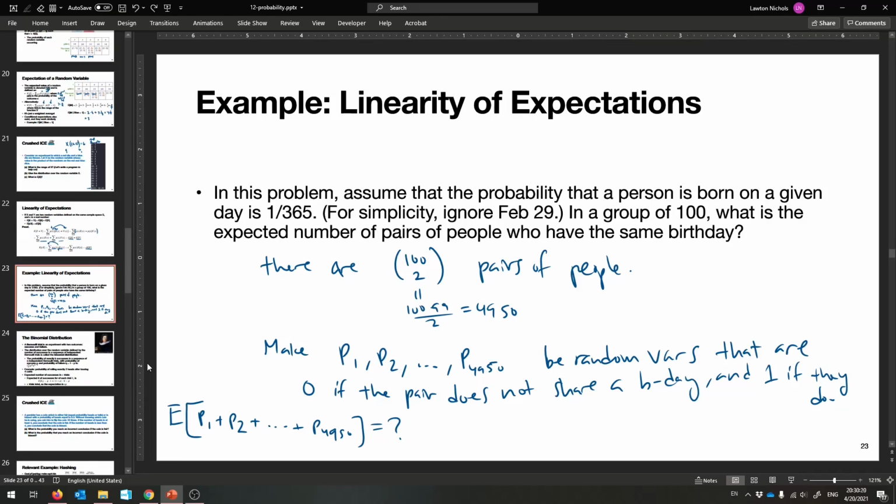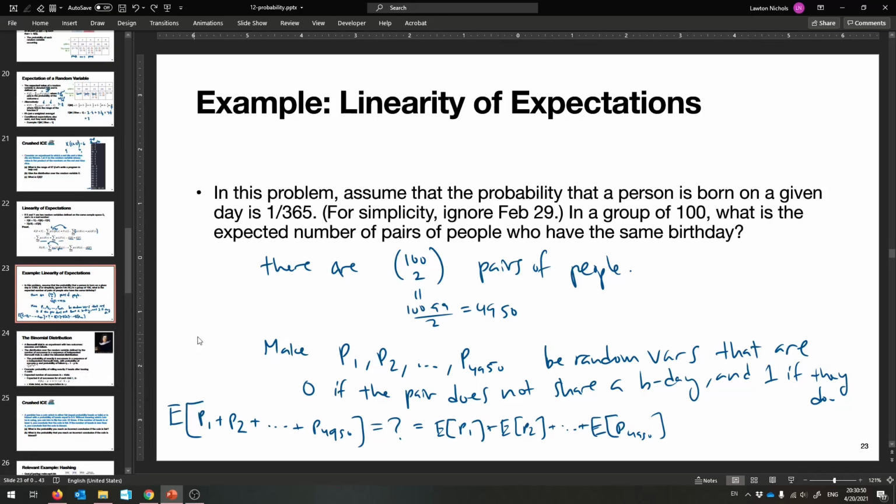And once you've done that, we can use linearity of expectations for this. It's just the expected value of P1 plus expected value of P2, and so on, that an individual pair of people have the same birthday. So now all we have to do is figure out what's the expected value that a given pair of people has the same birthday.